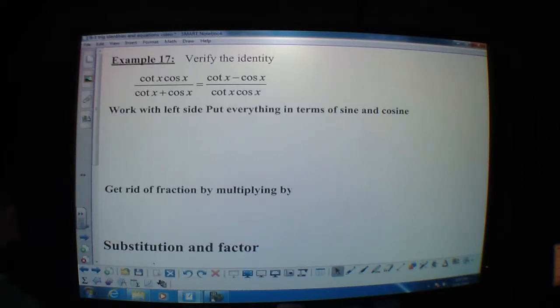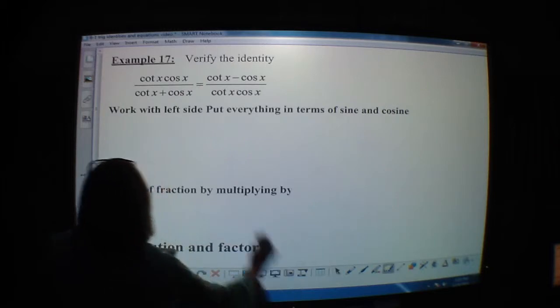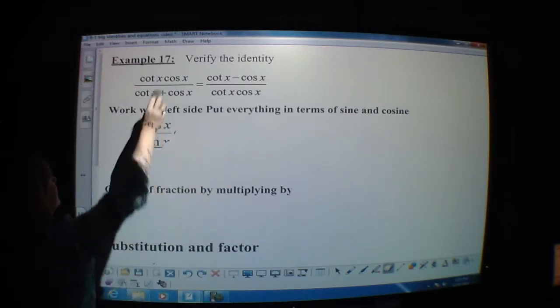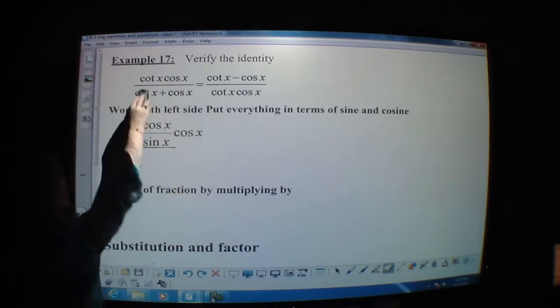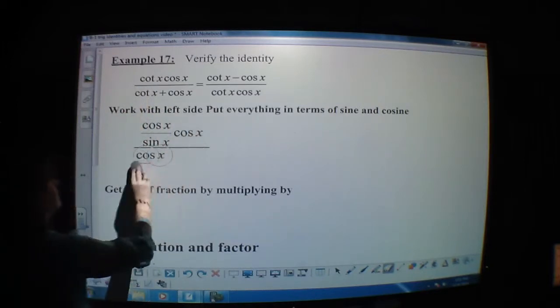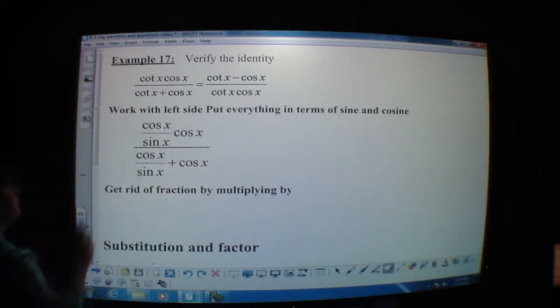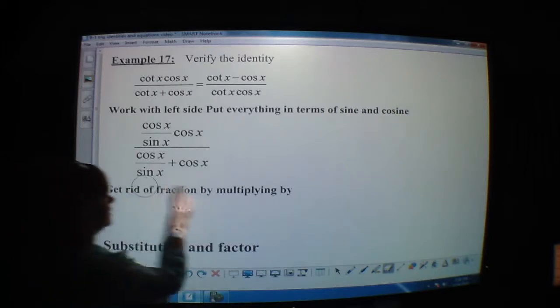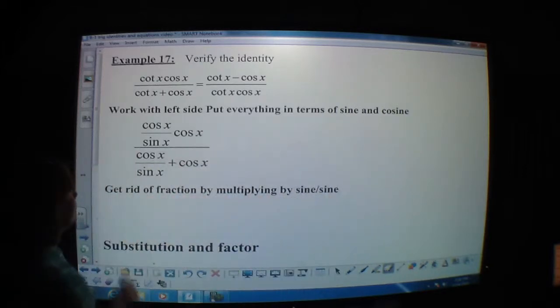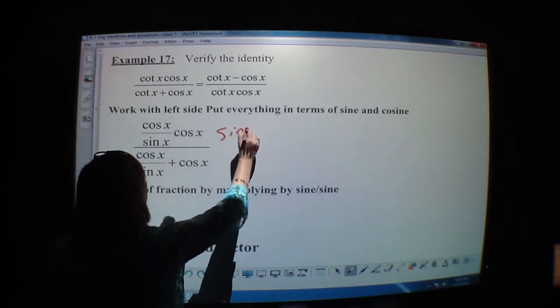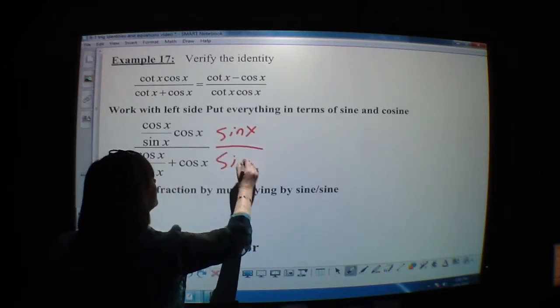So I'm going to put everything in terms of sines and cosines. So I hope you know that cotangent is cosine over sine, and cosine is just cosine. Cotangent is cosine over sine plus cosine. Okay? I'm going to get rid of the fraction by multiplying the top by sine and the bottom by sine.